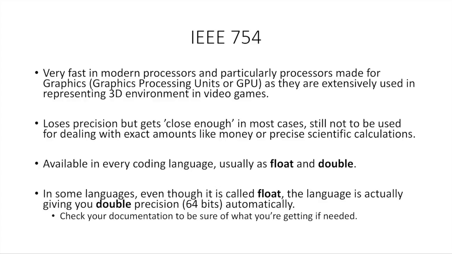Anyway, it's a little more than that, but sometimes they use that word, so you'll see that. And in some languages, even though it's called a float, the language is actually giving you a double. So sometimes you say I want a float, and you're thinking you're getting 32 bits, but you're getting 64 bits. It's not a bad thing. You just get more precision. That's okay, it doesn't hurt anything. So you just check the documentation of whatever you're working with, and it will tell you what you're getting for real.